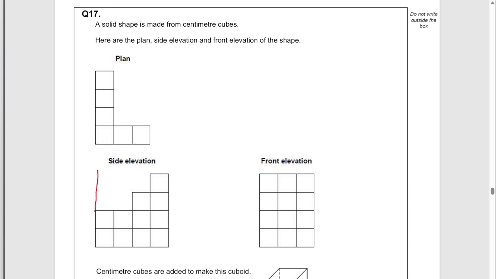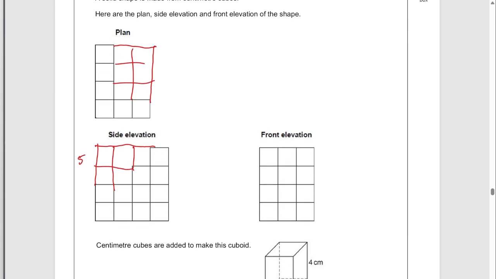I'm going to first of all just think about this part to make this into a full kind of wall. So to make this into a full wall, I would need 1, 2, 3, 4, 5 extra cubes. That would give me a full kind of L shape because we've got the full front elevation here and we've got the side elevation here. To that though, I need to add an extra to make this block.